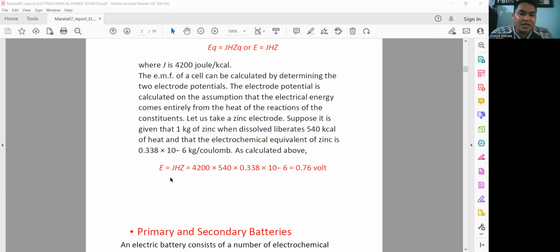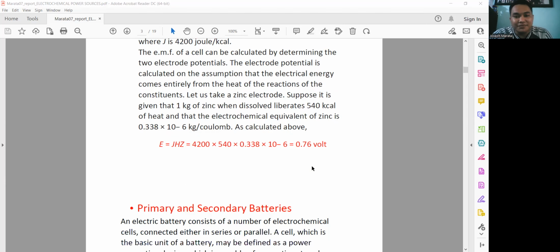Energy equals J times H times Z, where J is 4,200 times H, which is 540, times the electrochemical equivalent of zinc, 0.338 times 10 to the power of minus 6, which is equal to 0.76 volts.